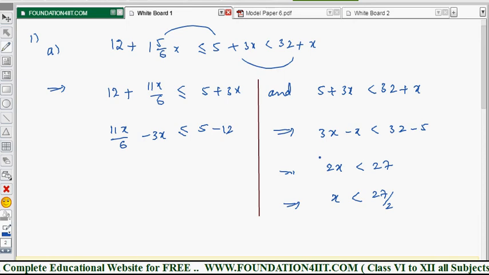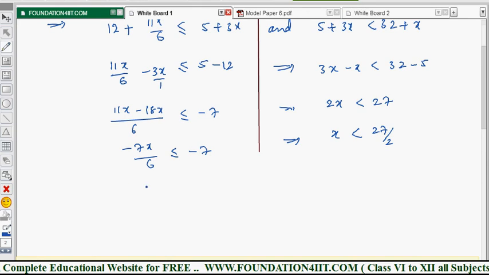Similarly, we'll solve this one. Take the LCM on the left side, that is 6 and 1, so 6 is the LCM. So 11x minus 18x by 6 is less than or equals to 5 minus 12, that is minus 7. 11 minus 18 gives minus 7x by 6 less than or equals to minus 7.